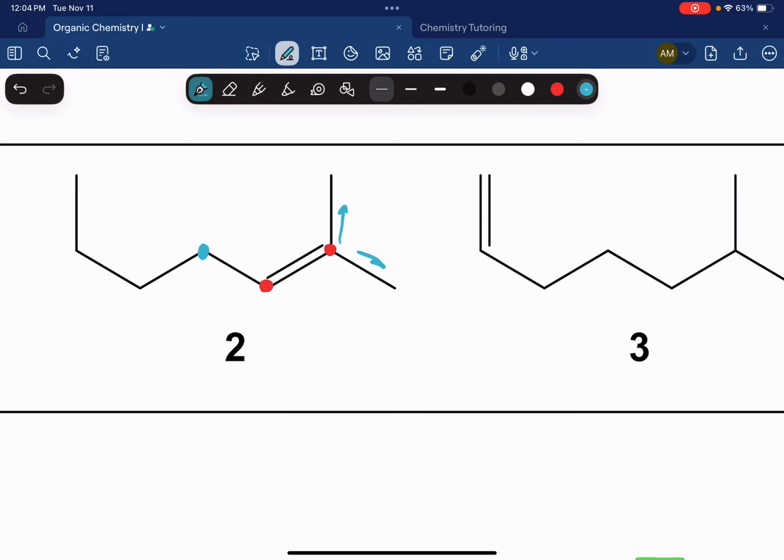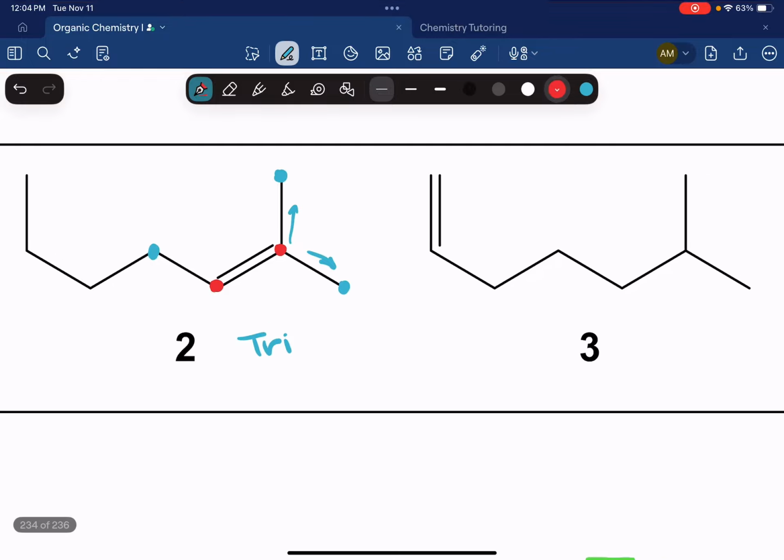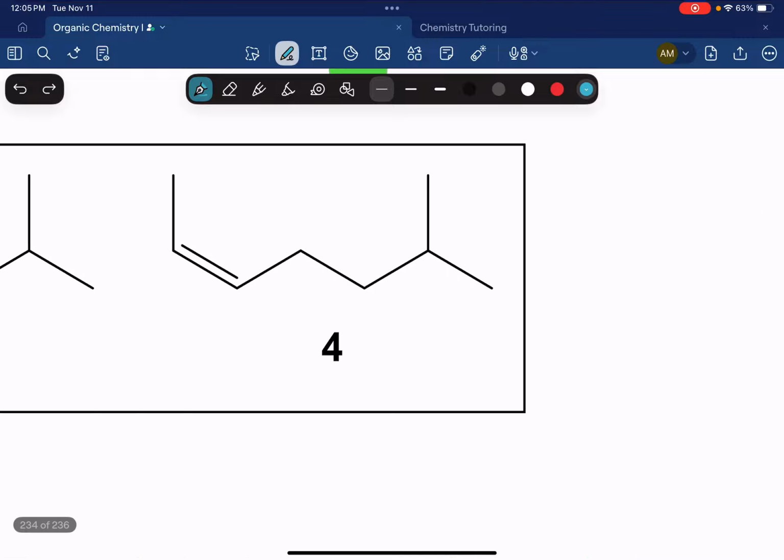This carbon is connected to 2. So we're trisubstituted. Carbons on the double bond are here and here. It's only connected to 1 carbon. Right? So this is a mono. And then carbons here and here, connected to 1, 2. This is another di.